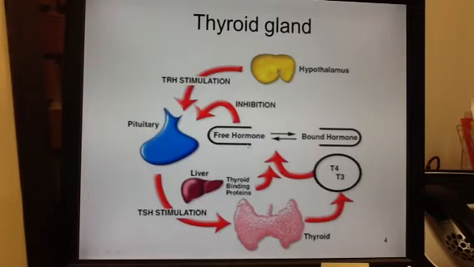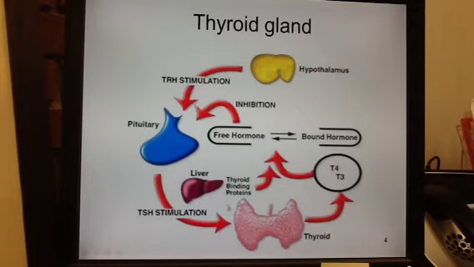The thyroid gland actually gets its signal from the pituitary gland, which gets its signal from the hypothalamus. So the hypothalamus in the brain is where it starts. The hypothalamus releases the thyroid releasing hormone, which stimulates the pituitary gland to release the thyroid stimulating hormone, which stimulates the thyroid gland to produce its hormone, T3 and T4.